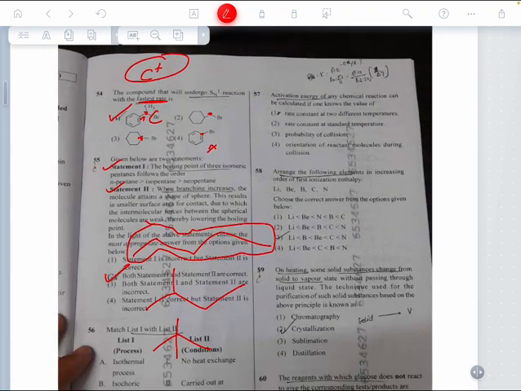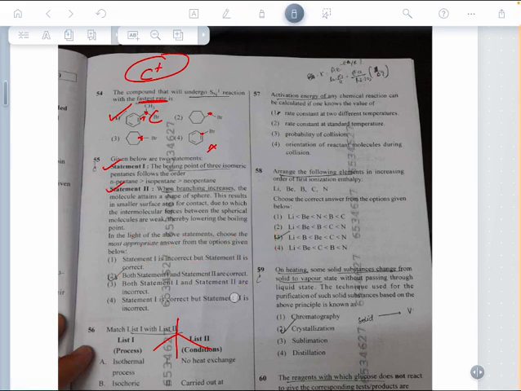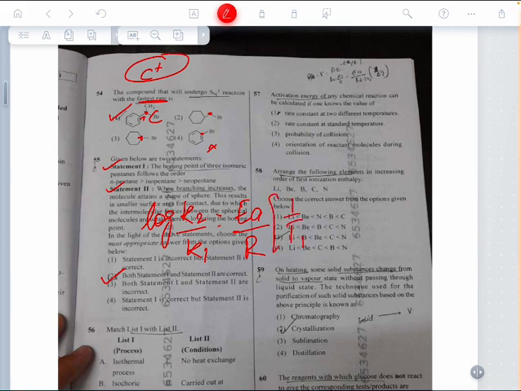Now question number 57. Activation energy of any chemical reaction can be calculated. Now if you have read sincerely about chemical kinetics, one formula is certainly taught over there, that log of K2 by K1 is equal to Ea by R, bracket 1 upon T1 minus 1 upon T2.